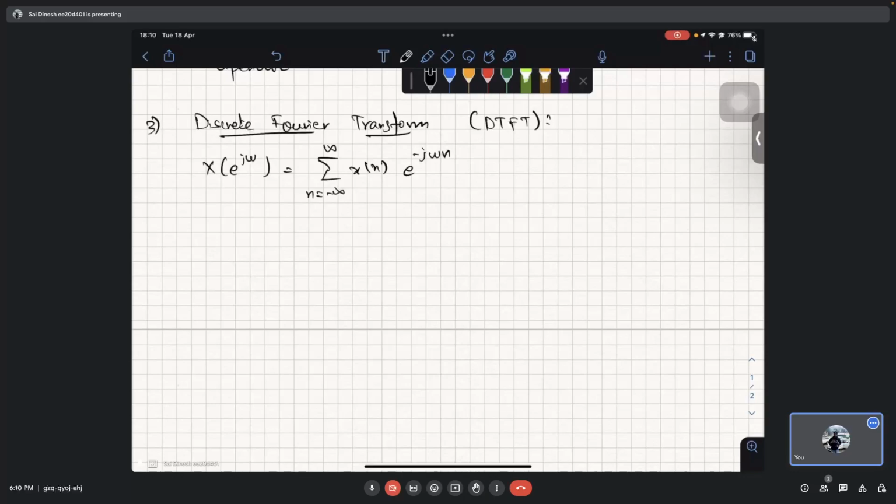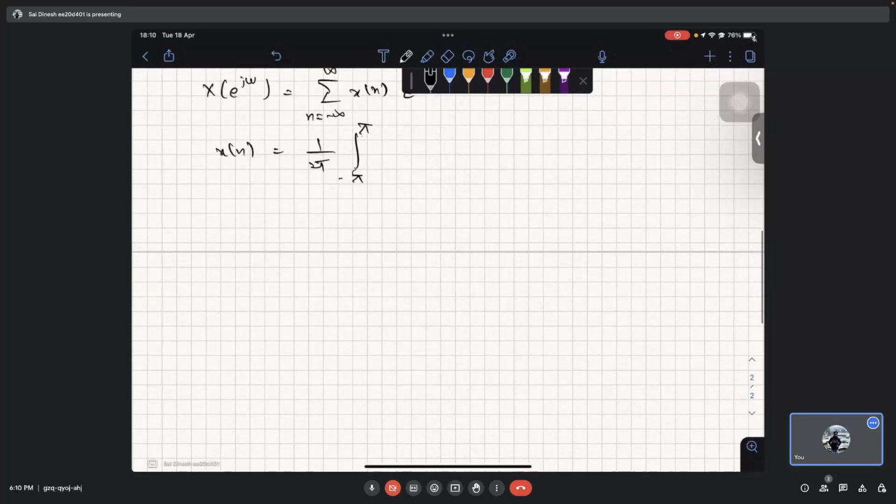And x of n is equal to 1 by 2 pi times the integral from minus pi to pi of X e power j omega into e power j omega n d omega.